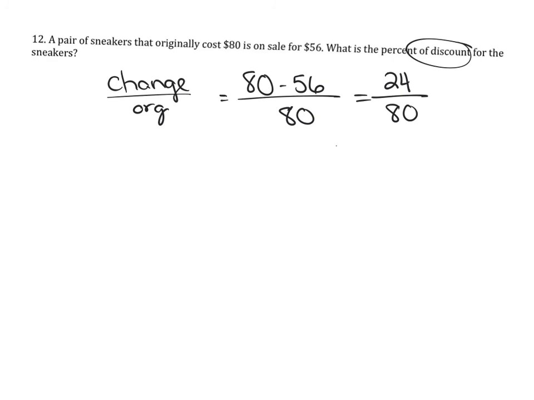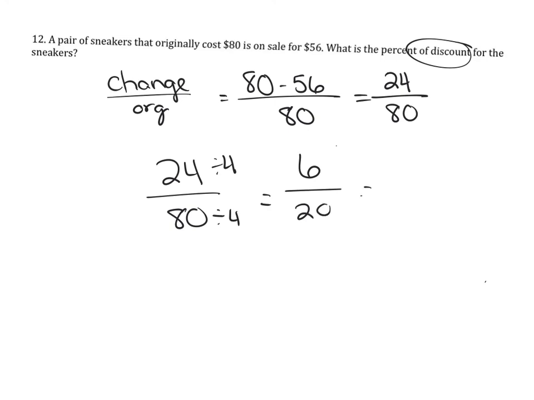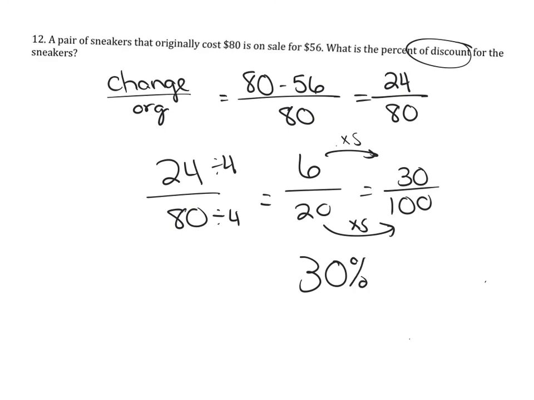And if you think about this, you could actually solve this by simplifying, divide this by 4, divide this by 4, which will give me 6 out of 20, which helps me get to 100 by multiplying by 5 and multiplying by 5, and you get 30 out of 100. So 30 out of 100 would tell me it is a 30% discount.